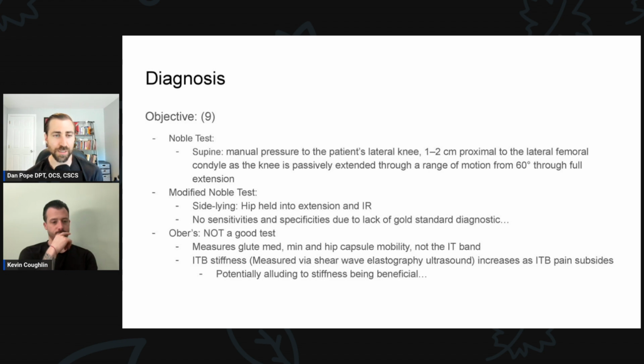And we probably at least want or think that stiffness is important, so we don't want to loosen it, right? So you can kind of see how basically guys like Rich Willy are so adamant about teaching people about this, because currently a lot of folks think we have to foam roll it, we have to stretch it, when in reality, these may be interventions that help reduce pain. But if you think from a mechanism of injury standpoint, it's a little backwards, right?